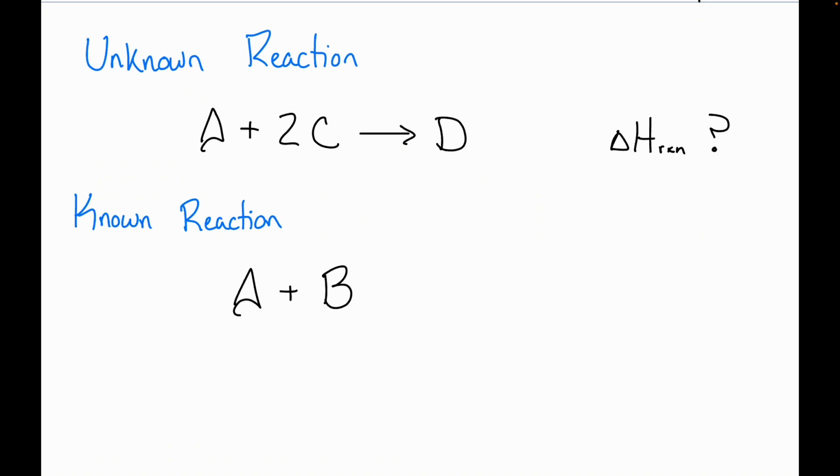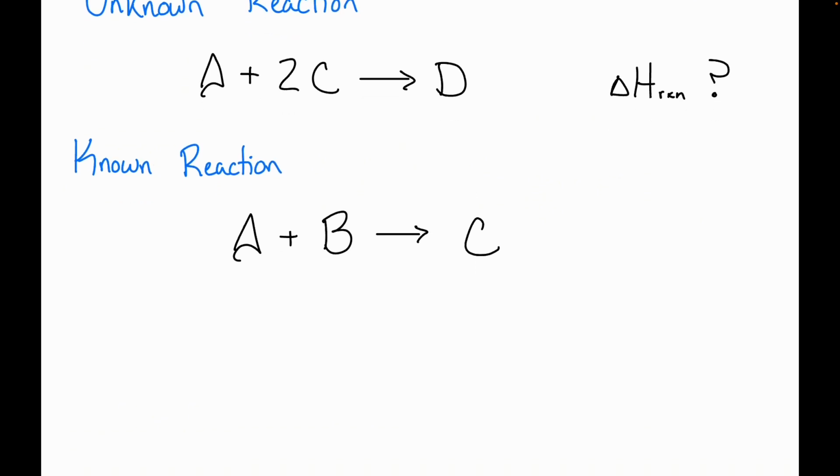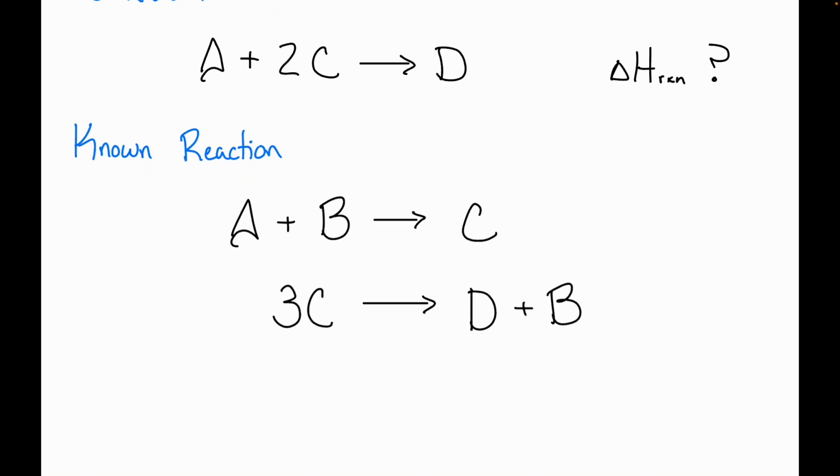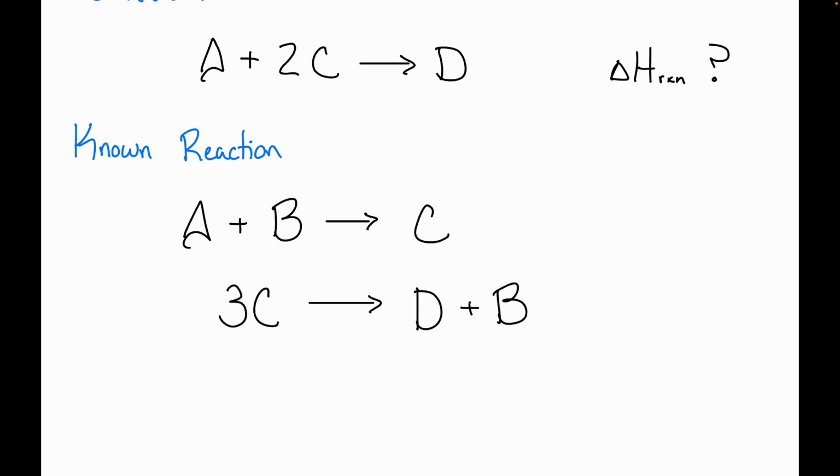A plus B gives us C. And 3C gives us D plus B. I just kind of came up with these, but bottom line is we do know the delta H of this first reaction and the delta H of this second reaction.